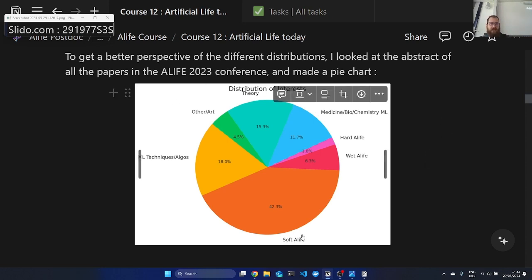As we can see, soft artificial life, unsurprisingly, is almost half of it. Then you have a bigger part than I thought of wet ALife. These are papers which had actual experiments, either chemistry or biology experiments. For example, one that I remember is where people did some experiments with goldfish to see how they respond to predators and stuff like that.